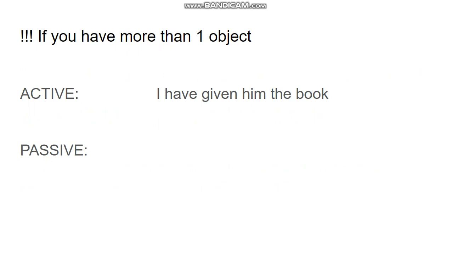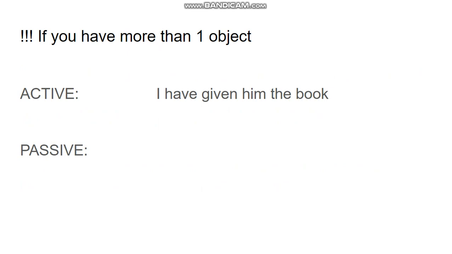Okay, a few exceptions will be discussed now. If you have more than one object, for instance, just as in Dutch, we can have sentences that have not only a direct object but also an indirect object, een meewerkend voorwerp. "I have given him the book" contains a direct object and an indirect object.